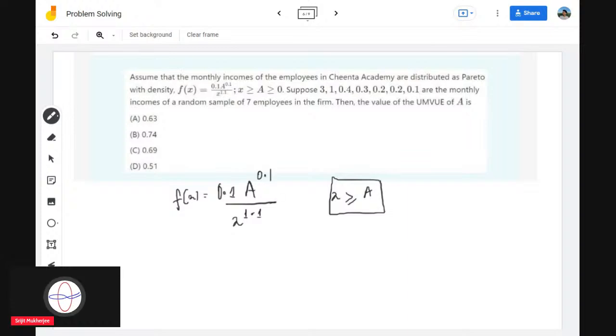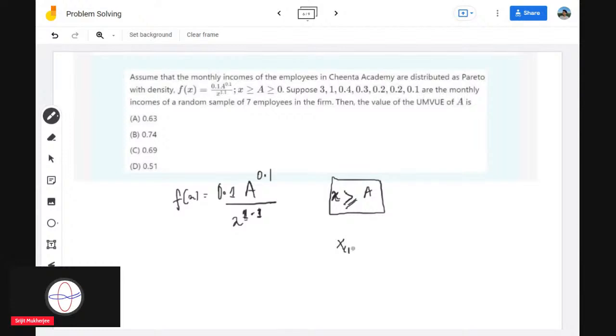So what will be the UMVUE of a? This should be understandable, guys. What should be the UMVUE of a? X order n, I mean maximum? X order n or x minimum? Here all x will be greater than a, okay?